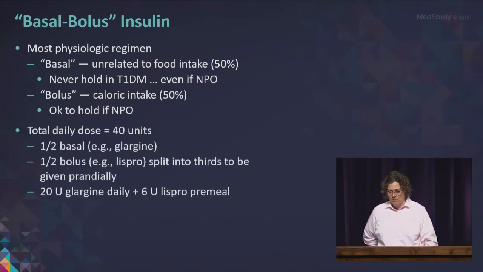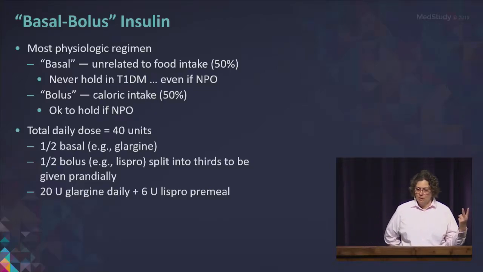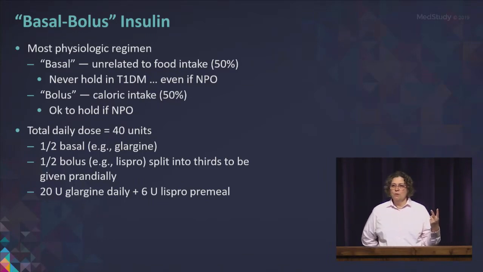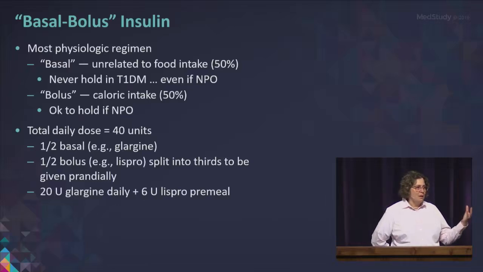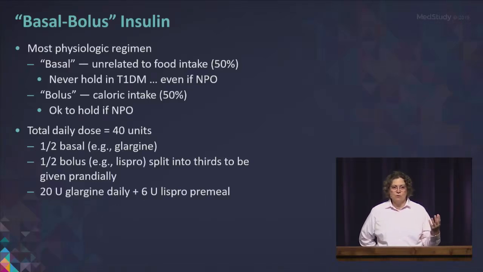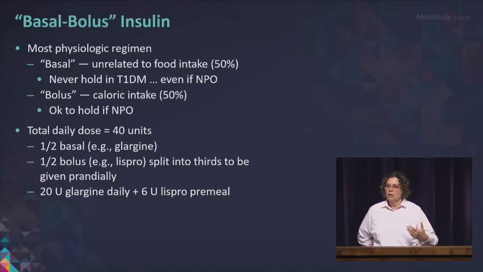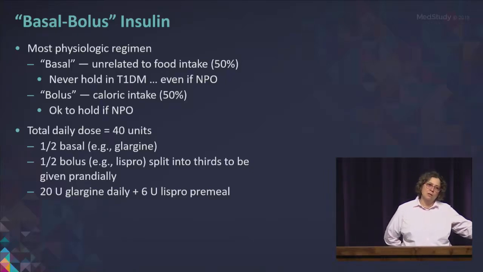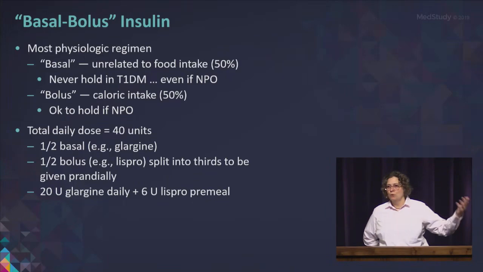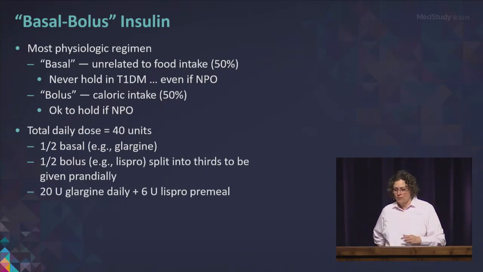So again, when we talk about basal bolus, we have 2 different kinds of insulin addressing 2 different scenarios that are happening. Generally, for someone on a full insulin regimen, meaning they have type 1 or they're type 2 and their pancreas has pooped out, it's about 50% basal and 50% bolus, with the bolus divided by the meals throughout the day.